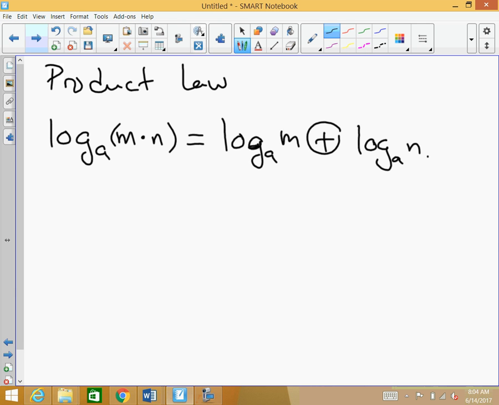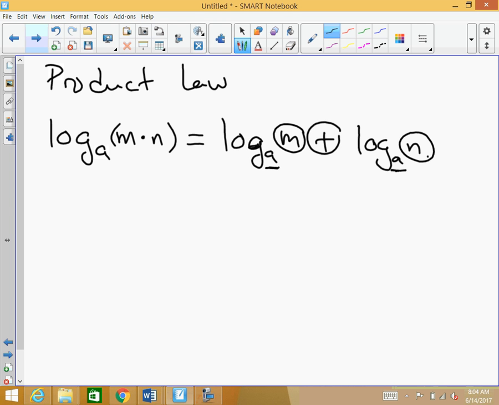So whenever we have an addition between logs, as long as they have the same base, we can just multiply those coefficients together. So that's actually a very, very handy thing.